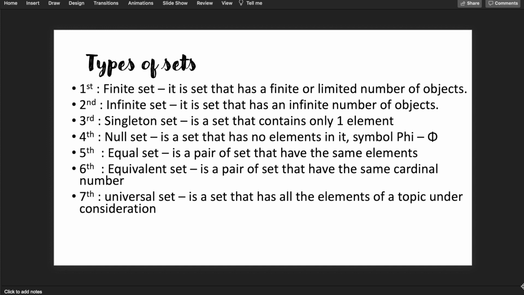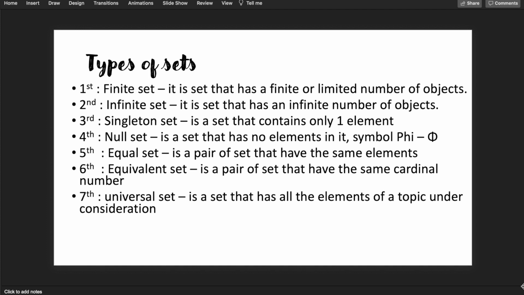It's a singleton set because there's the symbol phi inside it. Like I told you, even symbols are elements of a set. So if it's written as curly brackets phi, that's not a null set. If there's only just the symbol phi or just empty curly brackets, that's only null set.